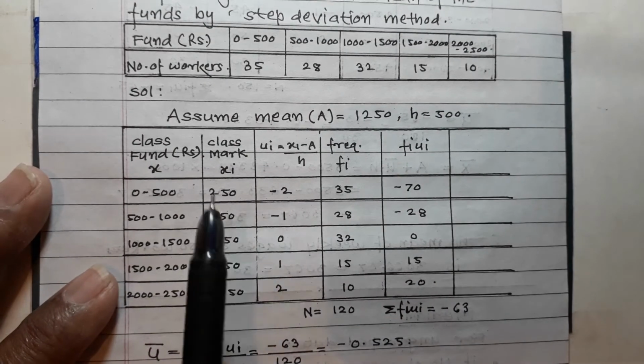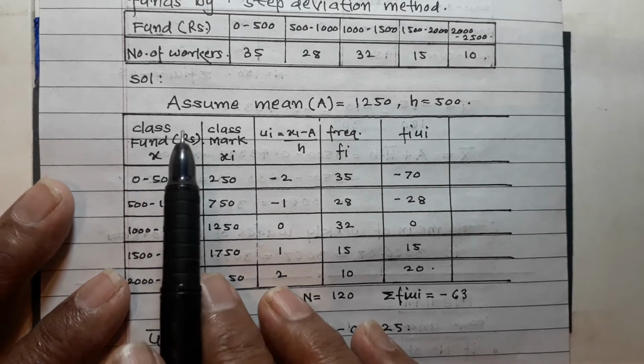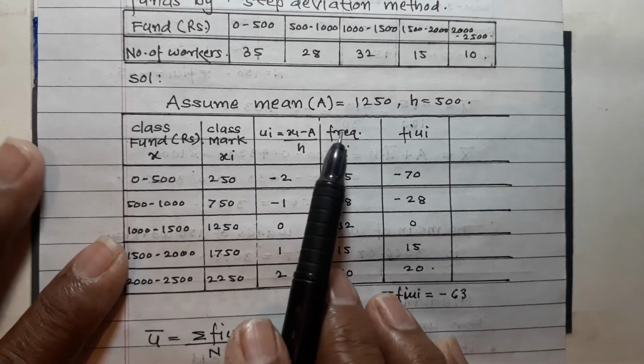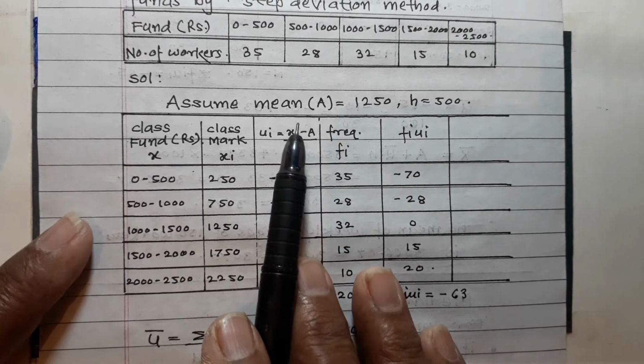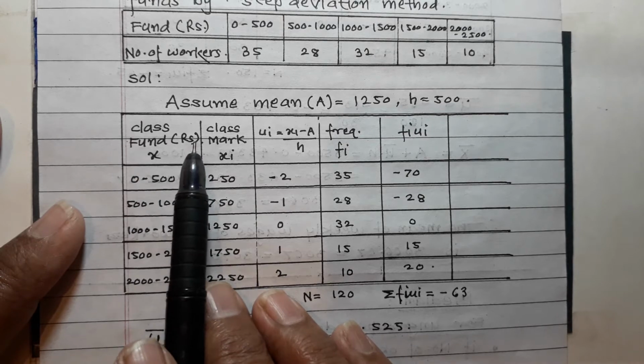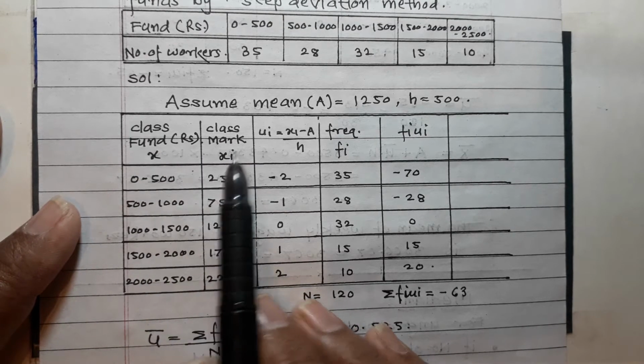Now try to understand the solution. Prepare your table. Now this is a step deviation method, so try to understand this. Class, fund in rupees, that is x, class mark xi.